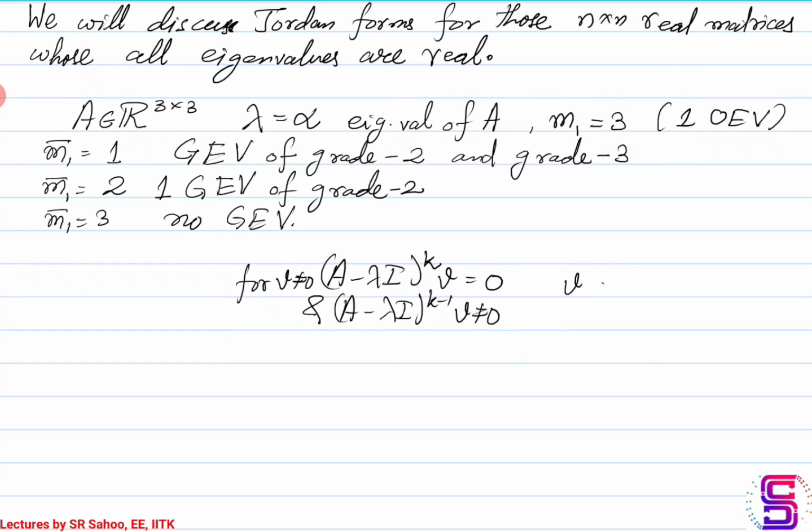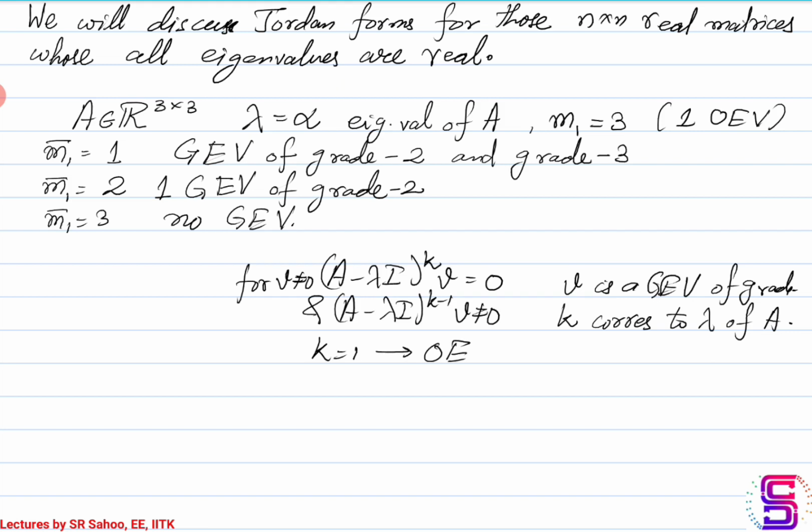Then v is a GV of grade k corresponding to the eigenvalue lambda of the matrix A. I said that this is for k equal to 2 and more, but actually when k is equal to 1, this is termed as OEB. So when k is equal to 1, we have the definition Av equal to lambda v. Okay, that is what I just wanted to clarify.